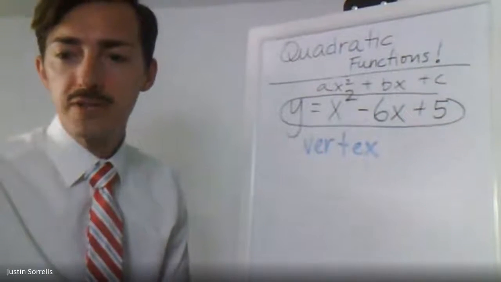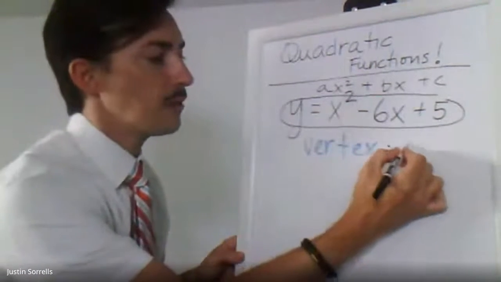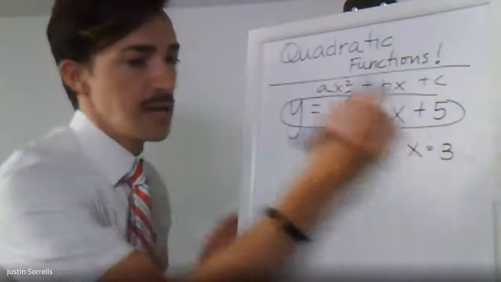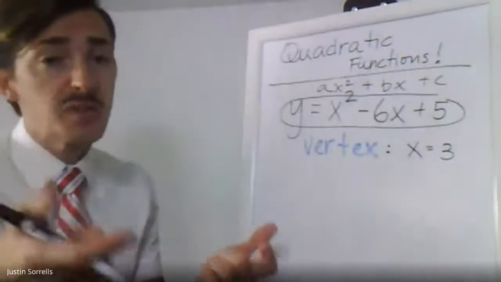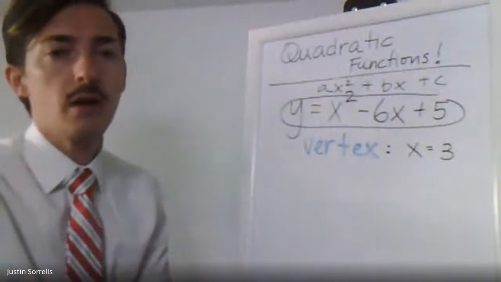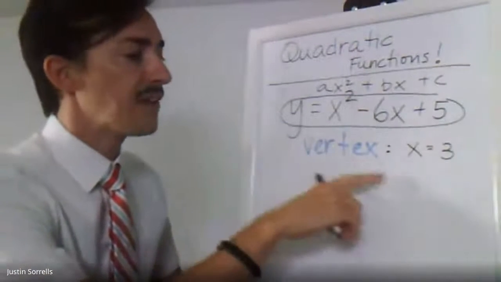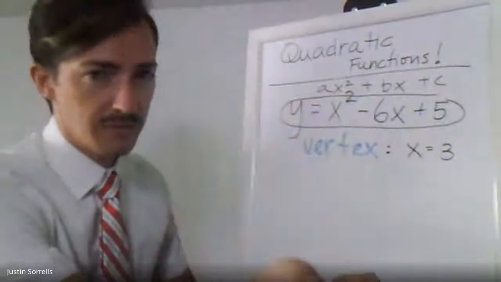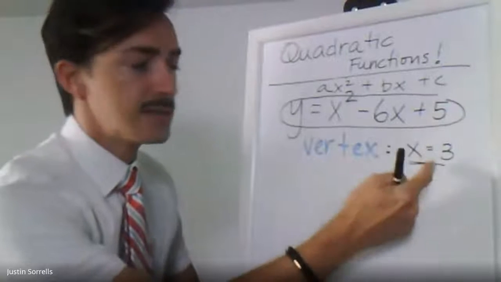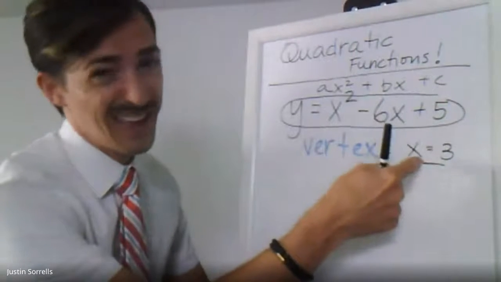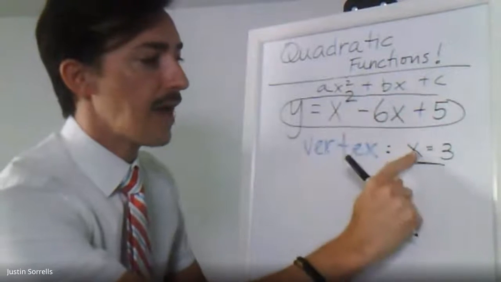Now, for our vertex, we are going to use the value of x equals 3. Remember, your vertex is the highest point or the lowest point on your parabola. Now, if I want to determine the y value for the coordinate of my vertex, we're going to use this x value and substitute it back into the equation here, wherever we see an x. Here, x equals 3.